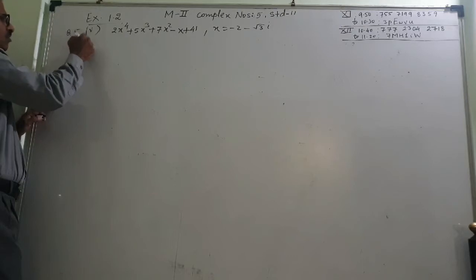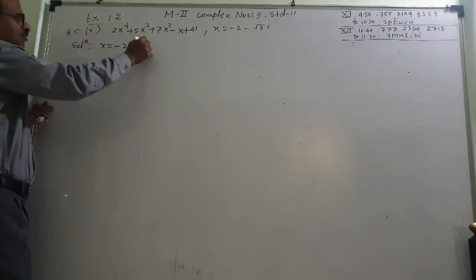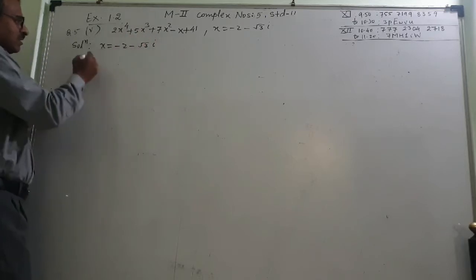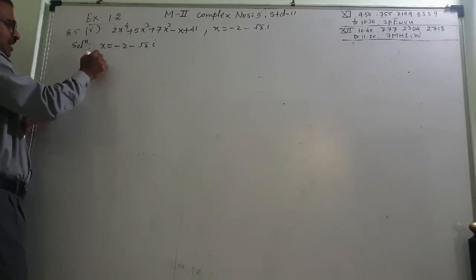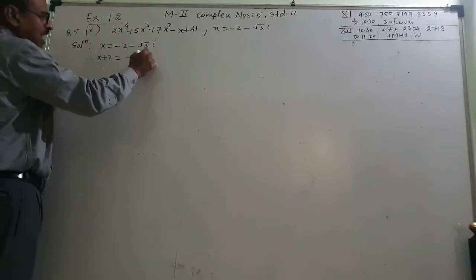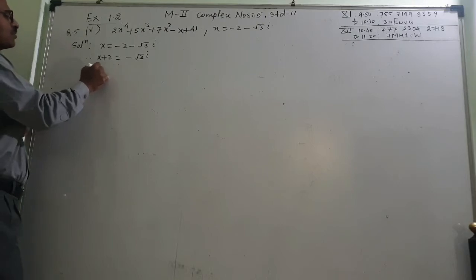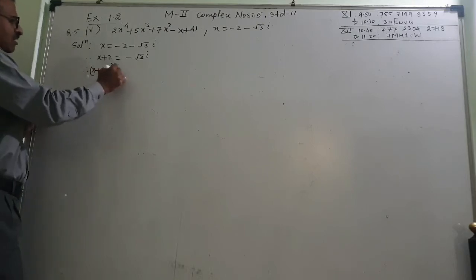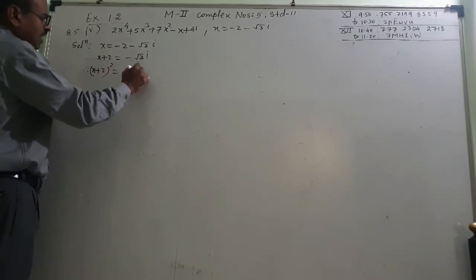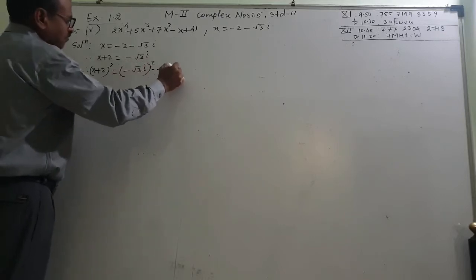Solution: x is equal to minus 2 minus root 3i. Therefore, this I will bring here and it will become x plus 2 is equal to minus root 3i. Therefore, x plus 2 bracket square is equal to minus root 3i bracket square. Reason is squaring both sides.